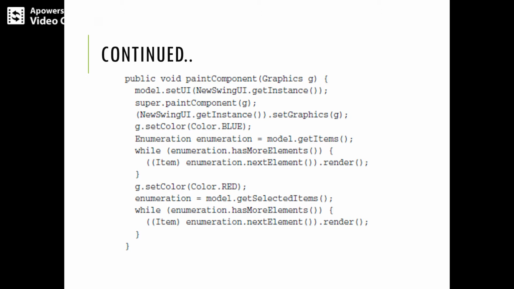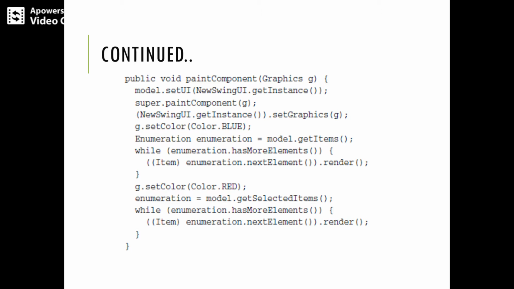So here, public void paint, with Graphics g, takes the model, and the Swing package gets the instance. The paintComponent method is called with g, and we set the color, whether blue or red. Then we take the enumeration of model.getItems, with a while loop while the enumeration hasMoreElements. The next item in the list should be rendered.